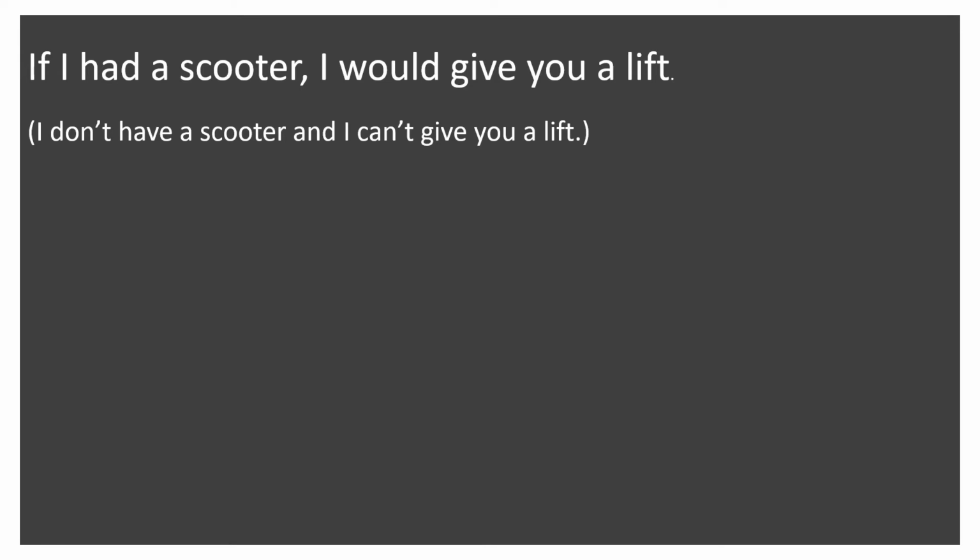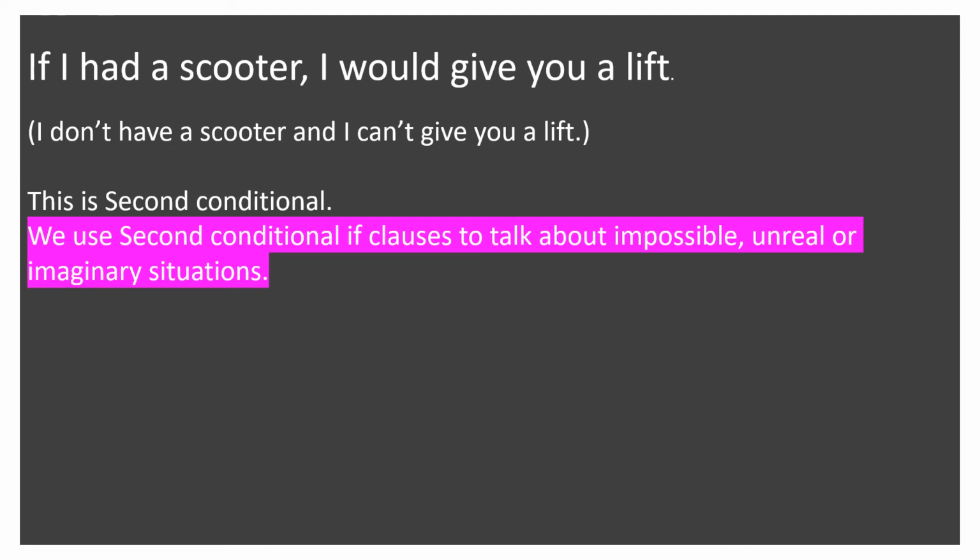So this kind of sentences are called second conditional sentences. Means we use second conditional clauses to talk about impossible or unreal or imaginary situations.